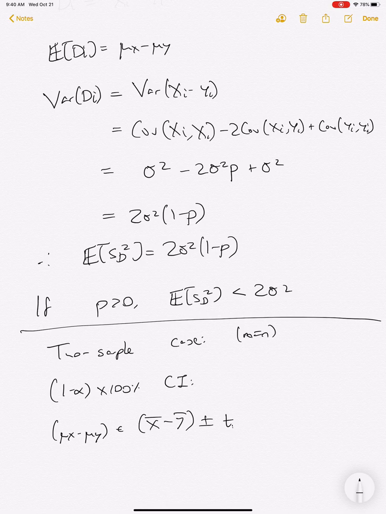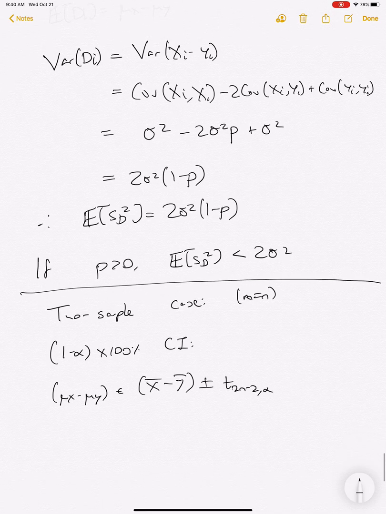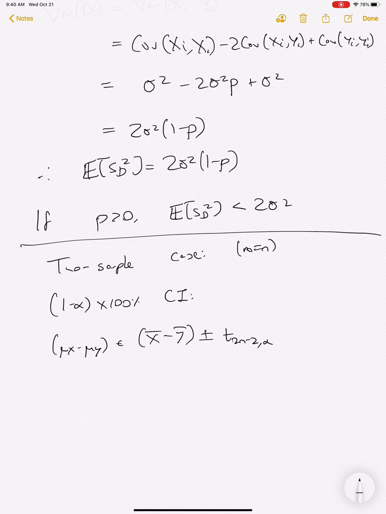We're going to have the degrees of freedom become 2n minus 2, alpha. So there's a little bit of a difference there, but it doesn't make a huge difference. And then this is going to be times SP times square root of 2 over n. Okay?